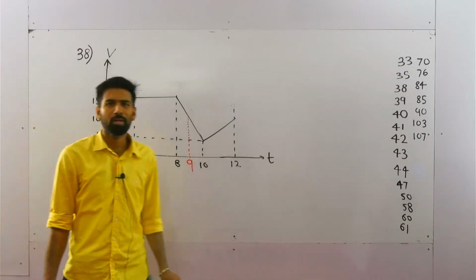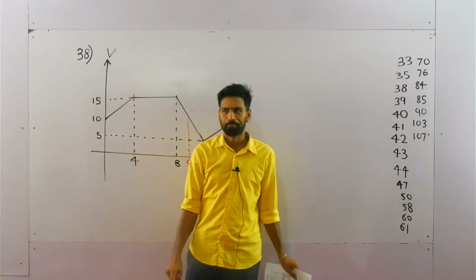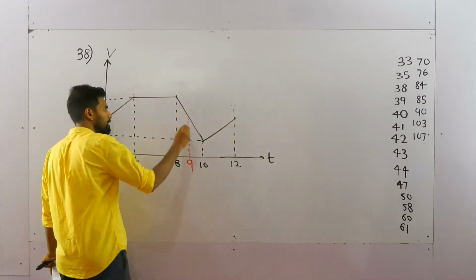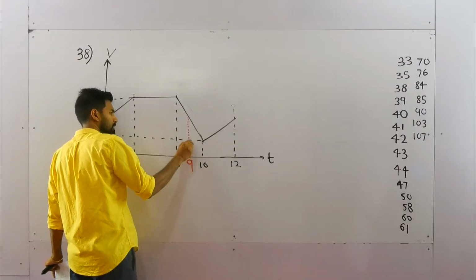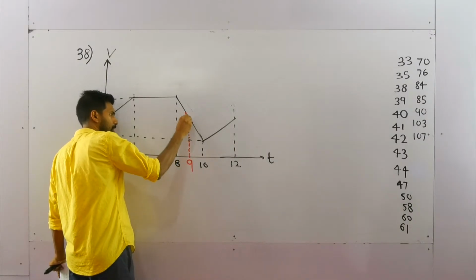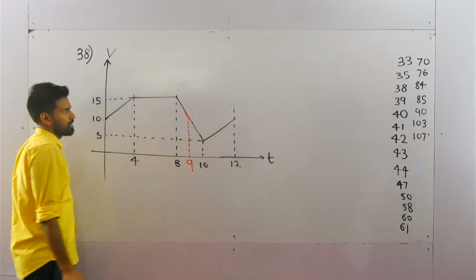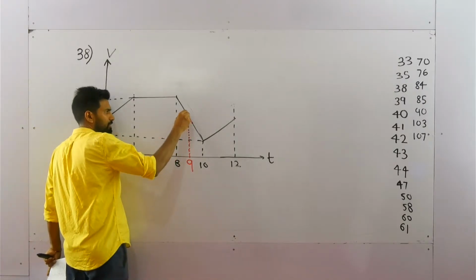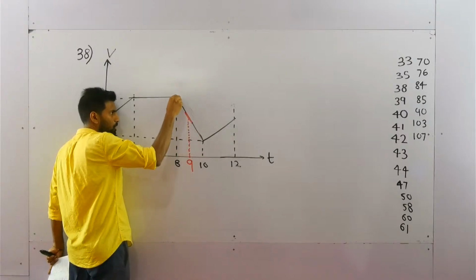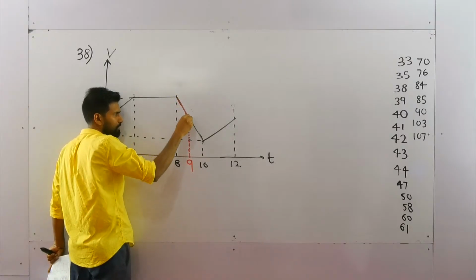In a velocity time graph, acceleration is given by the gradient. So at the 9th second, the graph is something like this. The gradient at the 9th second is the gradient of this complete straight line.